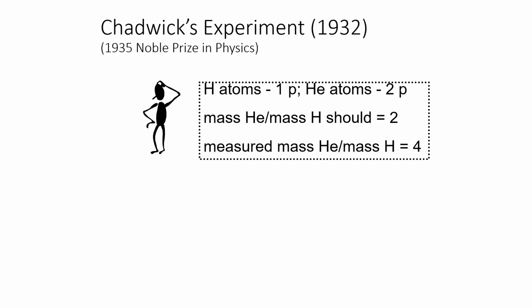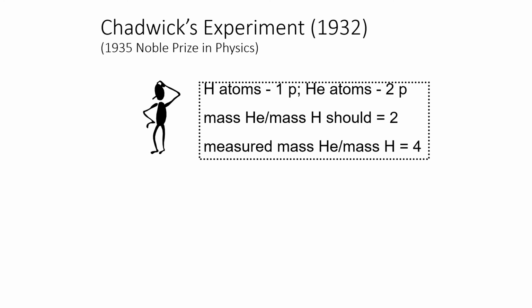So the question that Chadwick asked basically was, if a hydrogen atom has 1 proton and a helium atom has 2 protons, then the mass ratio between helium and hydrogen should be 2.